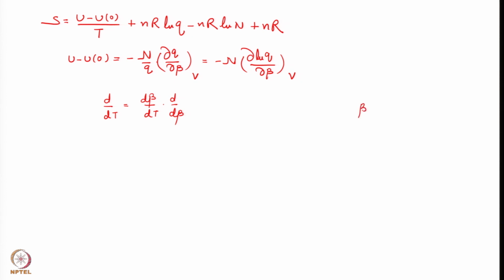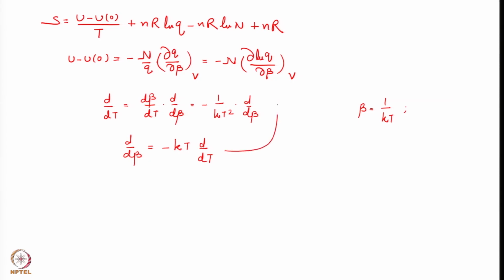And remember, beta is equal to 1 over kT. Therefore, when you take its derivative, it will come minus 1 over kT square, this is d beta by dT, into d by d beta. So, that means d by d beta I can write as minus kT square d by dT. This is mathematically allowed.